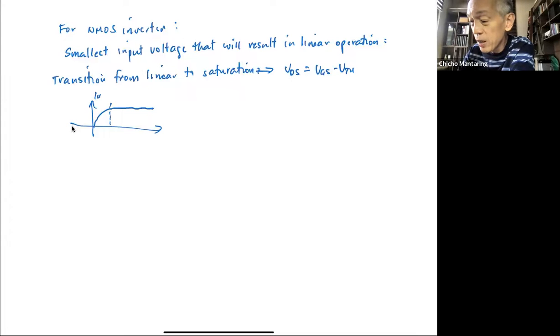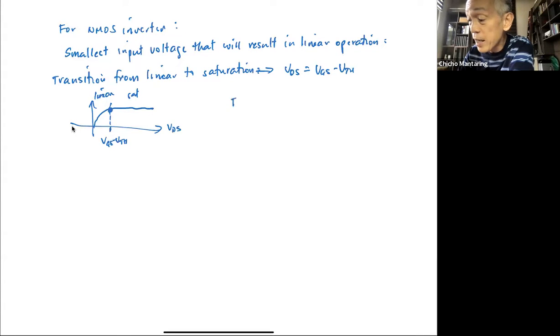This is linear, this is saturated, and this point is VGS minus VTH. When VDS is greater than this, it's saturated. When it's less than this, it is linear. In this particular case, nandito tayo sa point na to, the transition from linear to saturated. Either the linear equation or the saturation equation will work because it is in the transition.